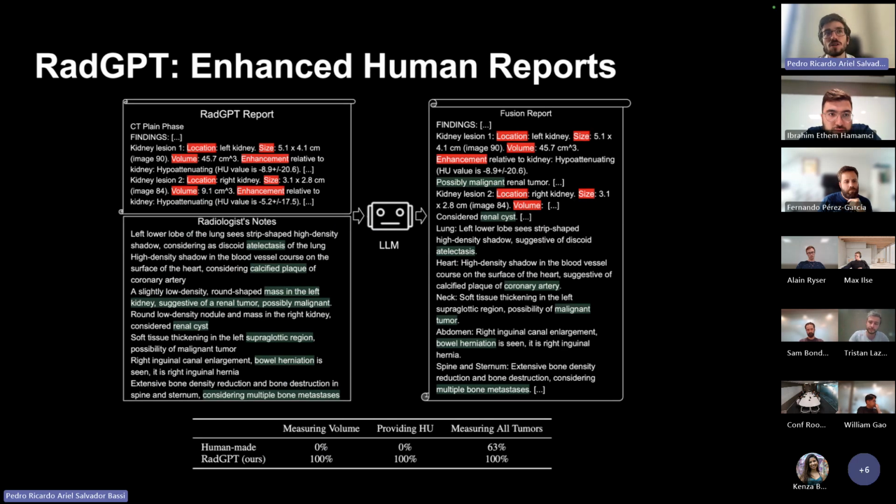Now, I talked about our structured reports or narrative reports, but there is a third type of report that we have in our data set. In this case, we only have 240 of these reports, not 9,000 like the other ones, which are the enhanced human reports. What do I mean by enhanced human reports?